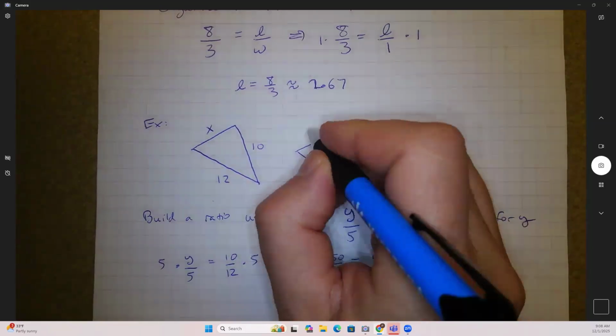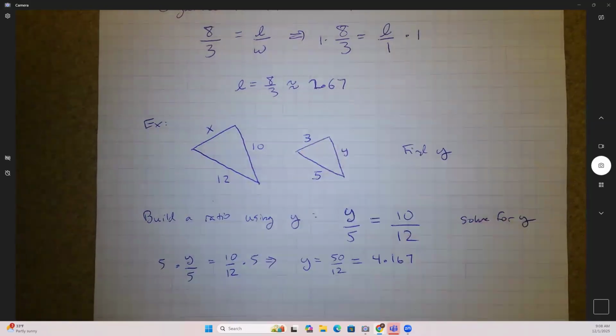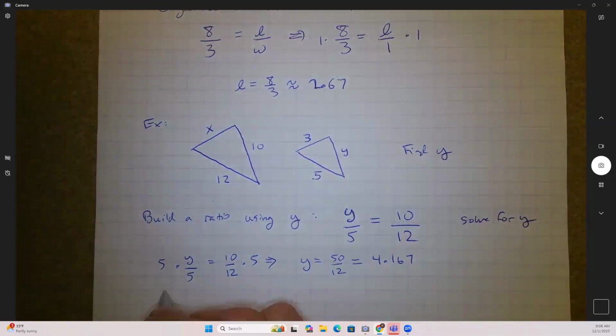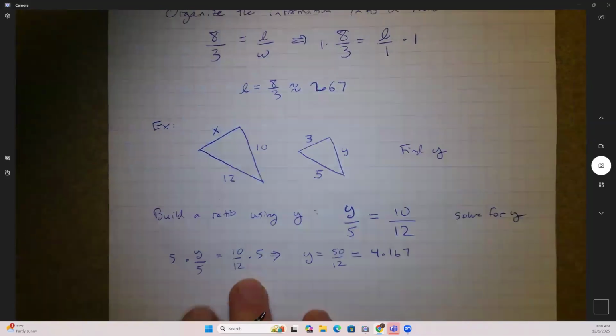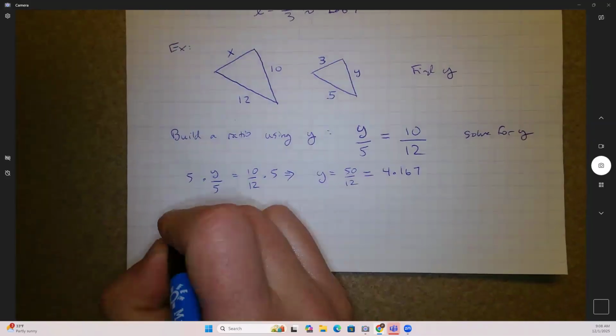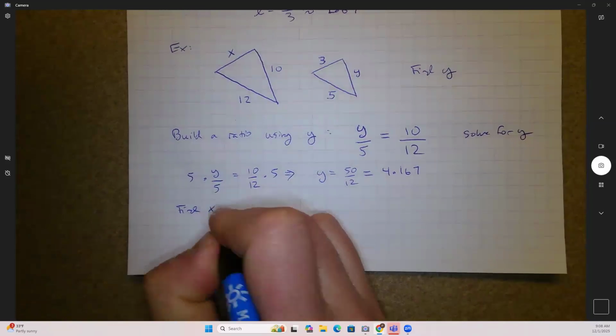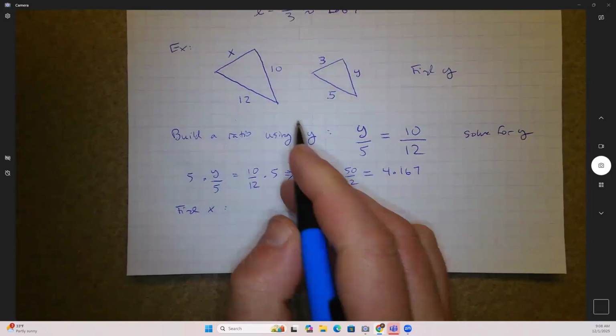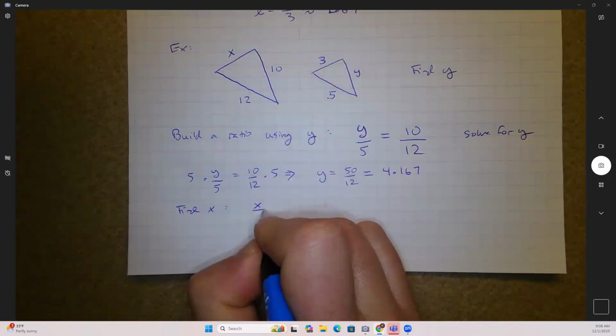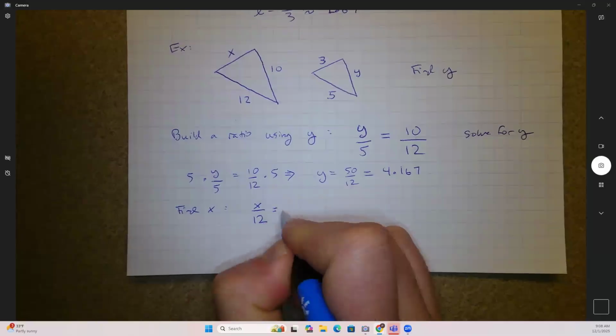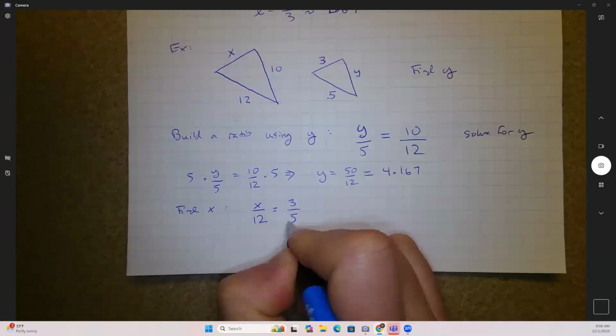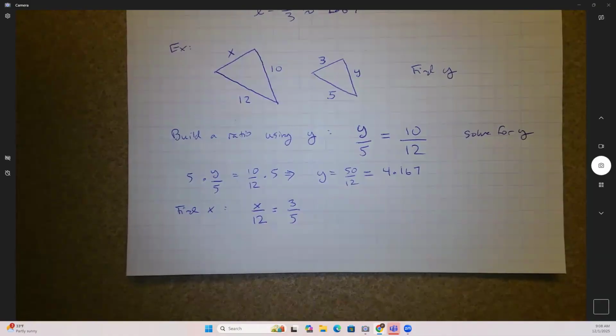I can also find X if I have more information. Like if I know that side right there is 3, that's going to tell me what X is. So now I can find X because I'll build, let's do X over 12 should be the same ratio as 3 over 5.